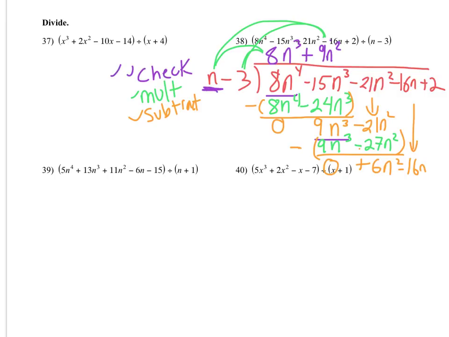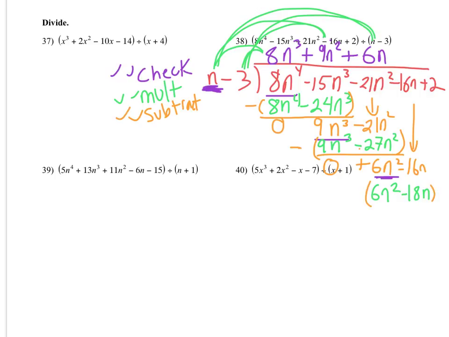I'm going to go back to the beginning. I'm going to check. What do I multiply n by to get to 6n squared? That's going to be plus 6 and an n. From check, I go to multiply. I've got to multiply by n, and I get 6n squared. I've got to multiply by negative 3, and I get negative 18n. This is the problem that keeps on giving as far as negatives go. We're going to subtract.